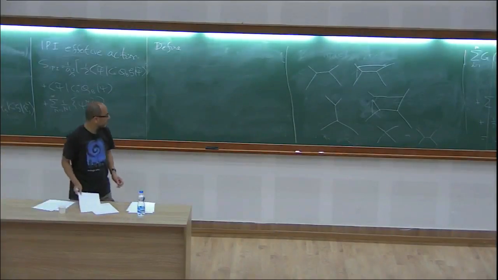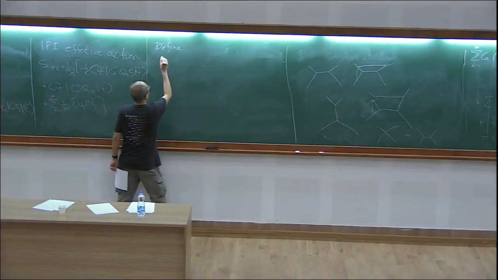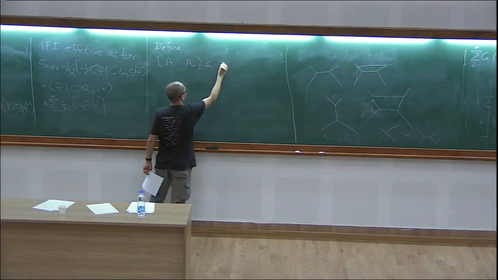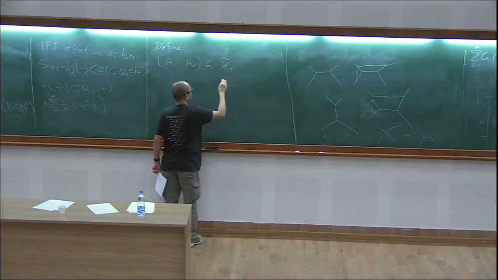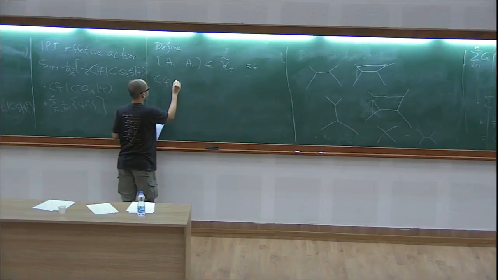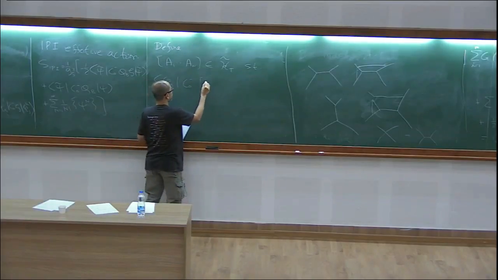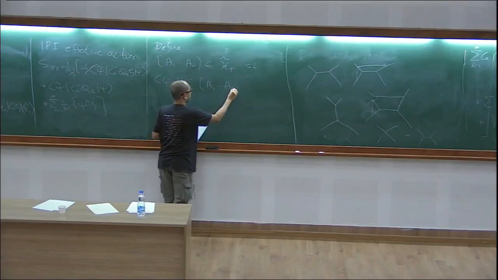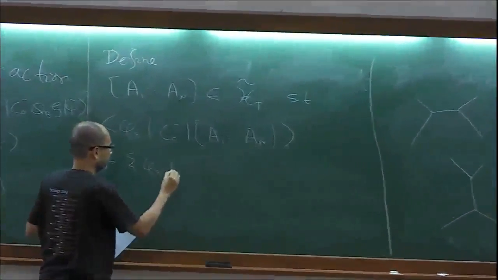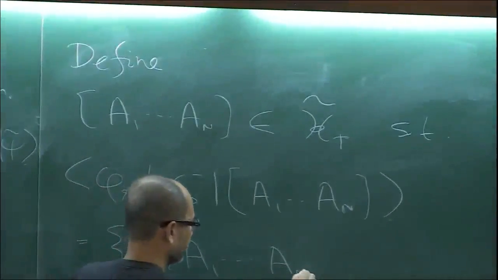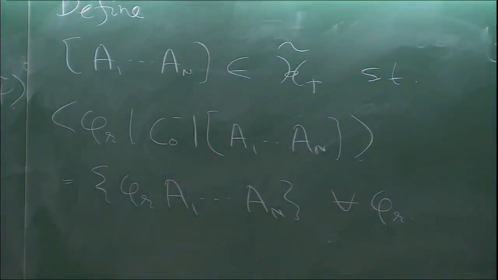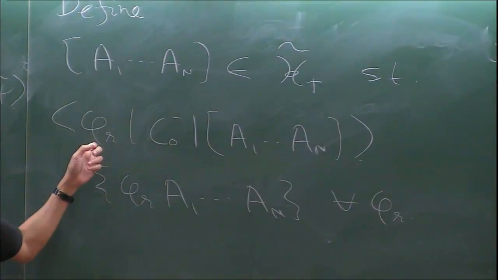Okay, so let's define a slightly different object, a state. This in fact can be shown to belong to H tilde t such that... so we just define this state by giving its inner product with every state in the dual space.